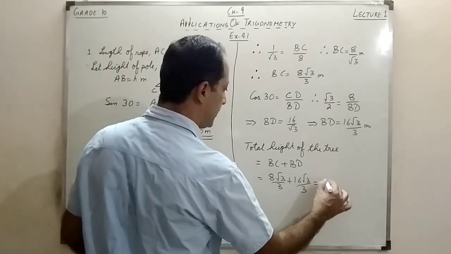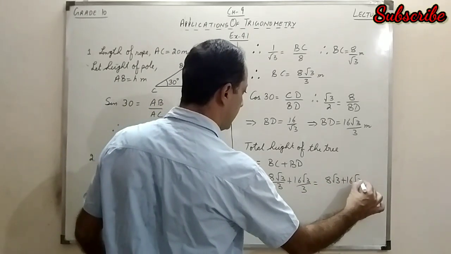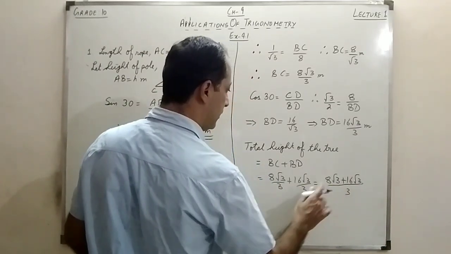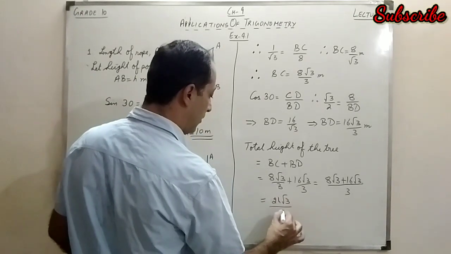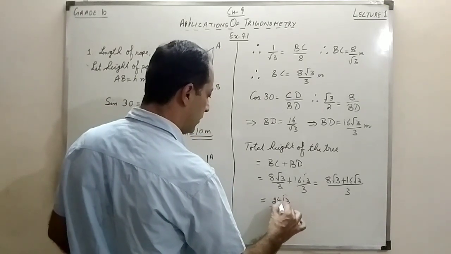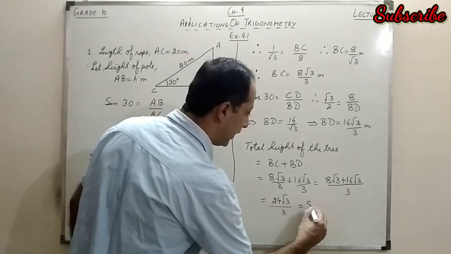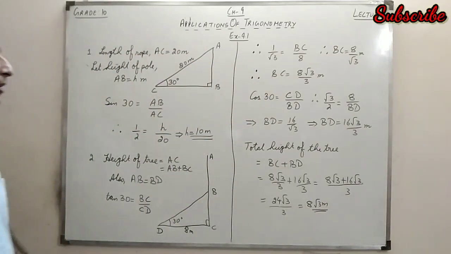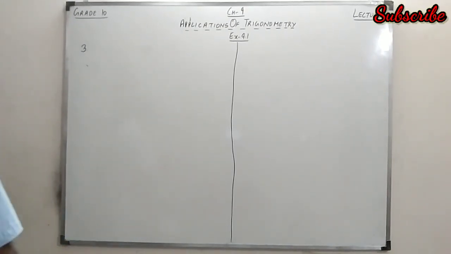So after taking the LCM, you get 8 root 3 plus 16 root 3 upon 3. So when you add these two, what do you get here? This is 24 root 3 upon 3. This 24 cancels with 3. So what I am left with is 8 root 3 meters. So this way we can do the questions. Let's go to the next question of this exercise now. Now let's see the third question.